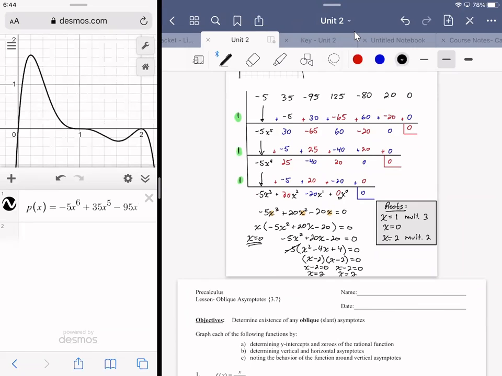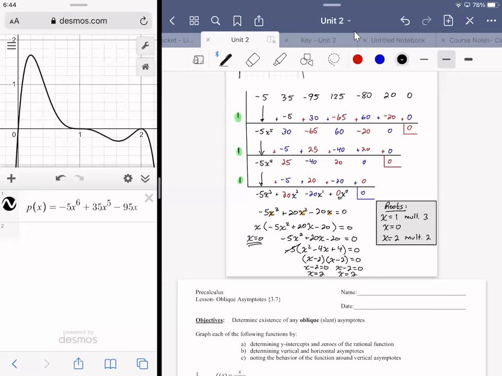Speaking of cool exercises, oblique asymptotes, the next topic, it builds off of this idea of synthetic division. But as surprising as this might seem, it is the easiest possible variation of synthetic division.